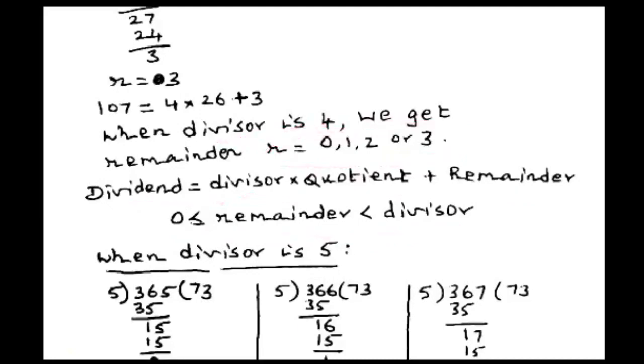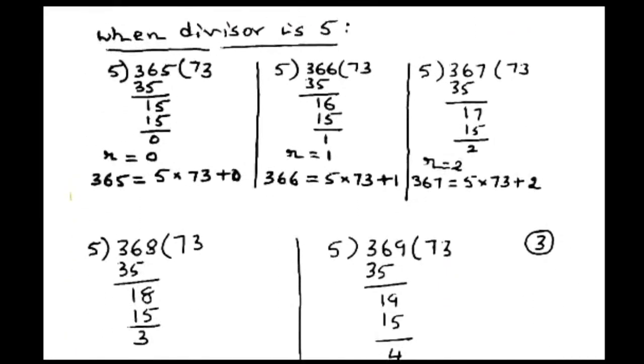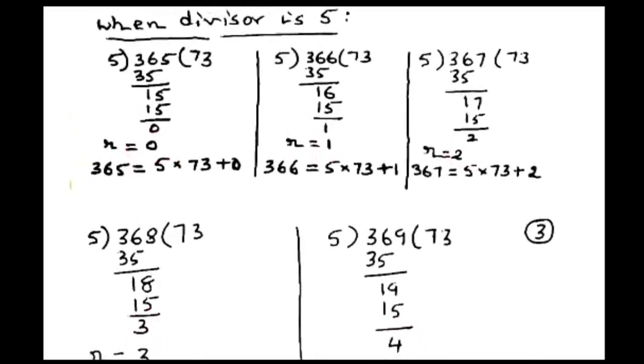Now we consider the case when the divisor is 5. When the divisor is 5, we may get remainder equal to 0, 1, 2, 3 or 4. So we considered different numbers 365, 366, 367, 368, 369.